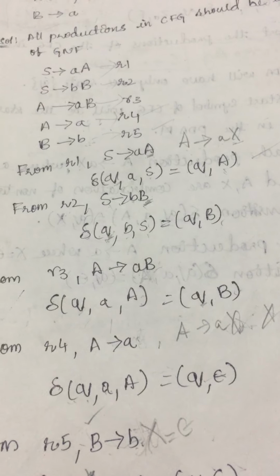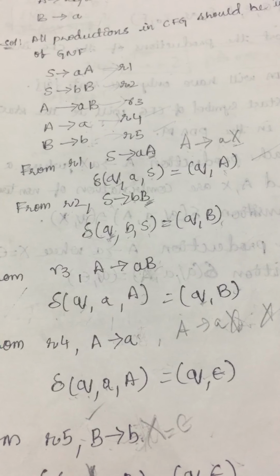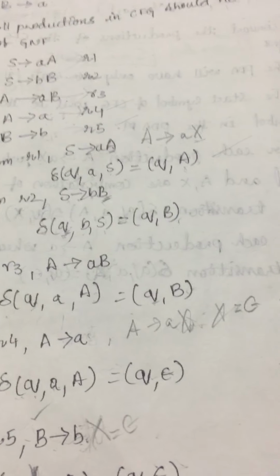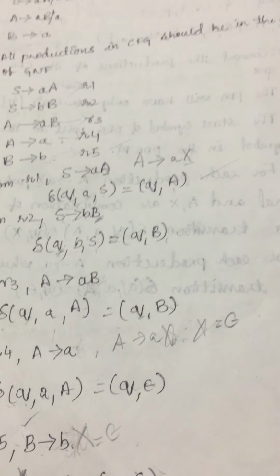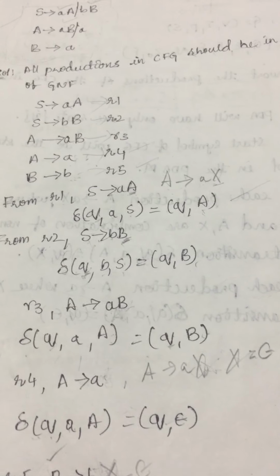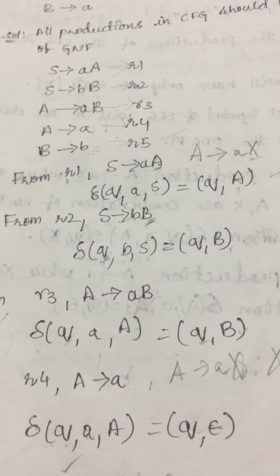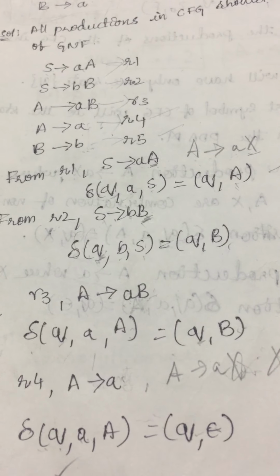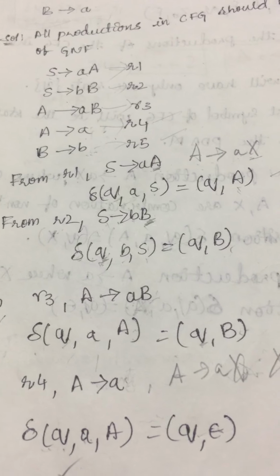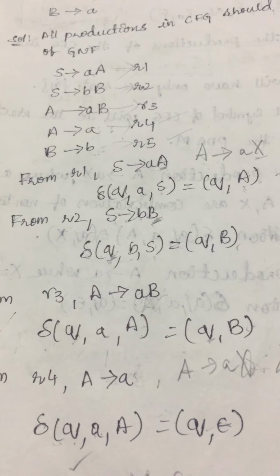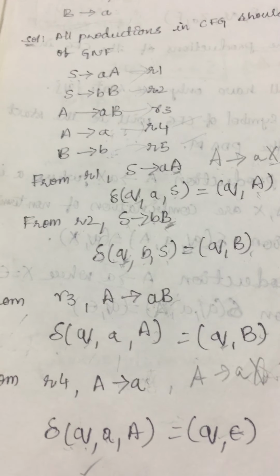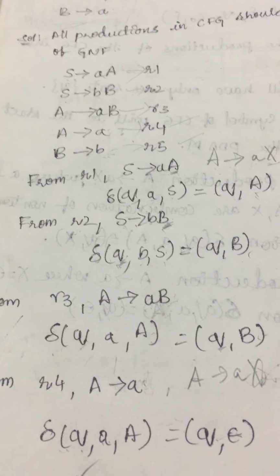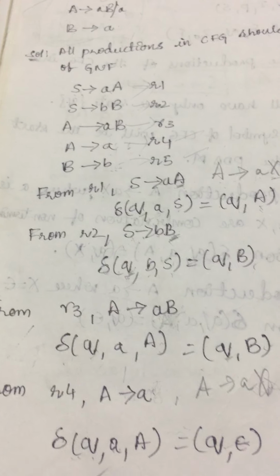So this is the procedure and algorithm to convert the given CFG to PDA. Here first, when a CFG is given, we have to check whether the productions in the CFG are in the form of GNF or not. If it is not in the form of GNF, first we have to convert it into GNF. Then only this algorithm will be applicable easily, or else it becomes hard to apply this algorithm.